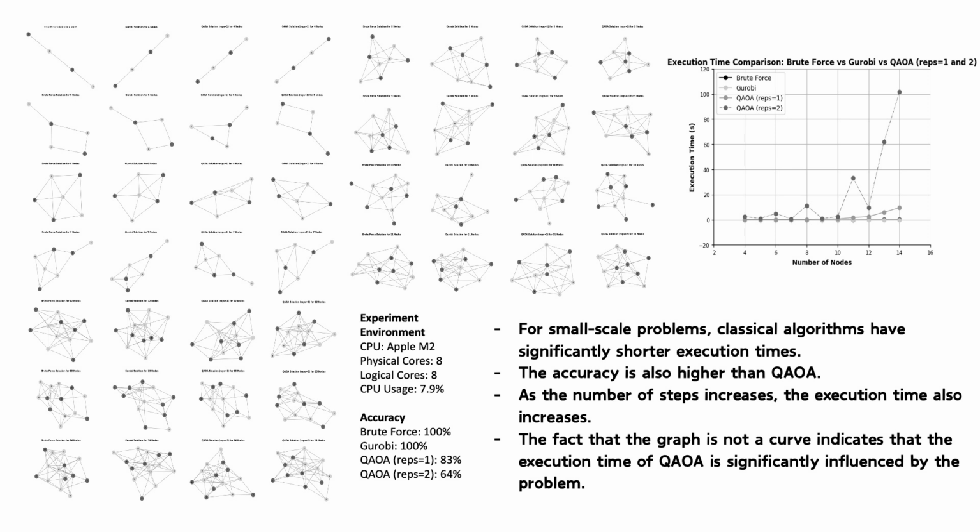Looking at the execution time of QAOA, it increased exponentially as the problem size grew, but in some cases, it solved problems faster depending on their shape and size. This can be attributed to the fact that QAOA is highly dependent on the problem's characteristics, and since QAOA was simulated on a classical computer rather than a quantum computer, algorithms like Gurobi, which are optimized for classical computing, perform better.